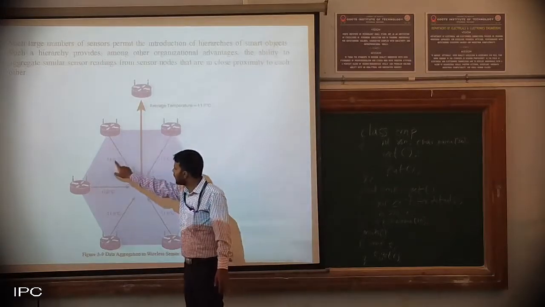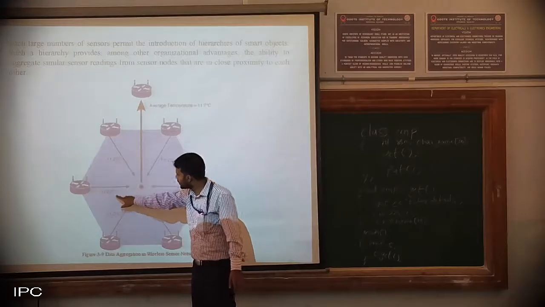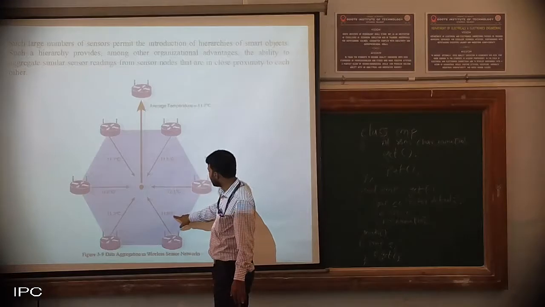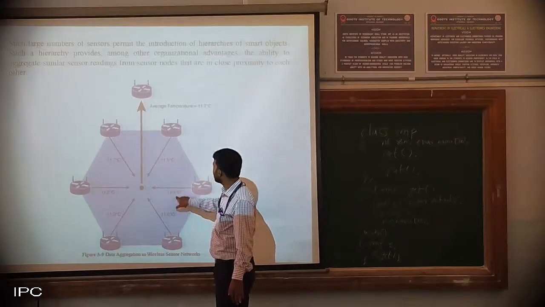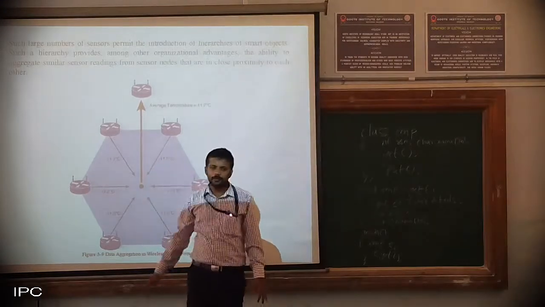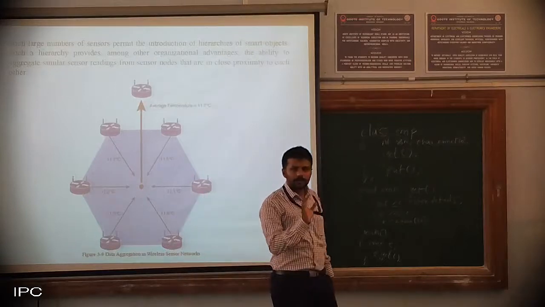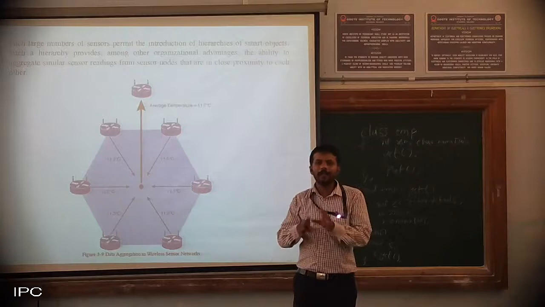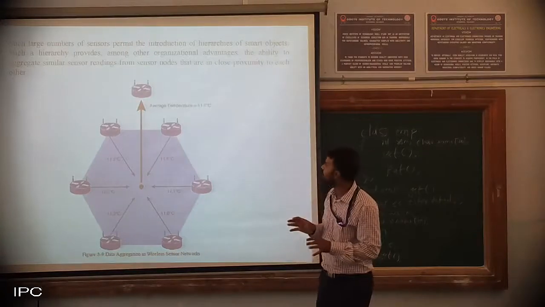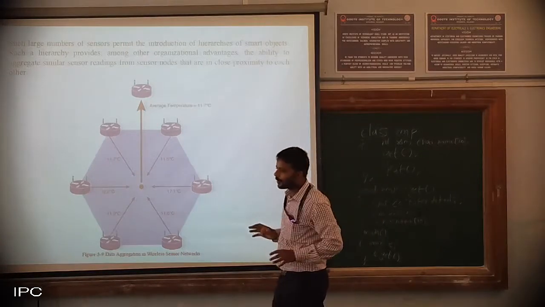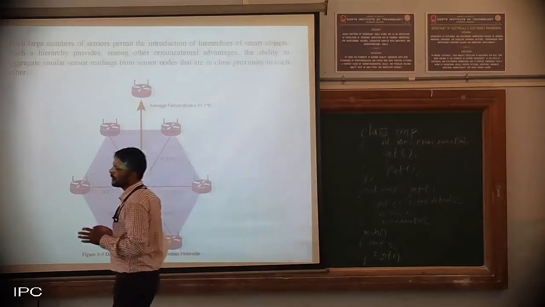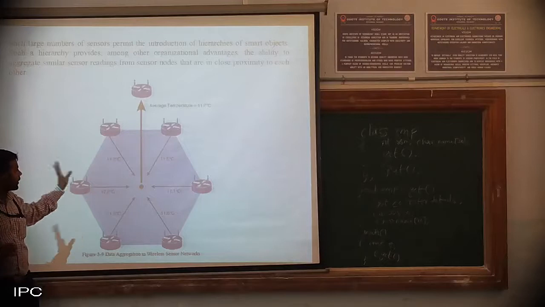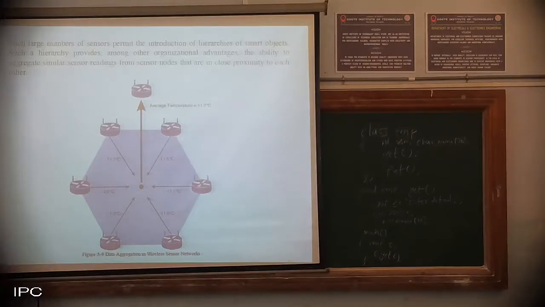This sensor is telling 11.7, this is telling 12.2, 13, 11.3, 11.8, 12.1 and 11.5. Except for one sensor, the remaining all are telling different values. If we take the averaging of those values, it is possible to reduce the error and increase the accuracy. That is what is shown here and in the previous slide.